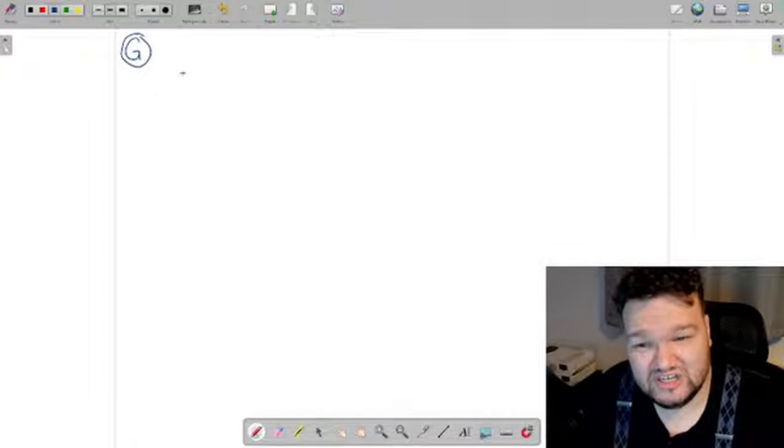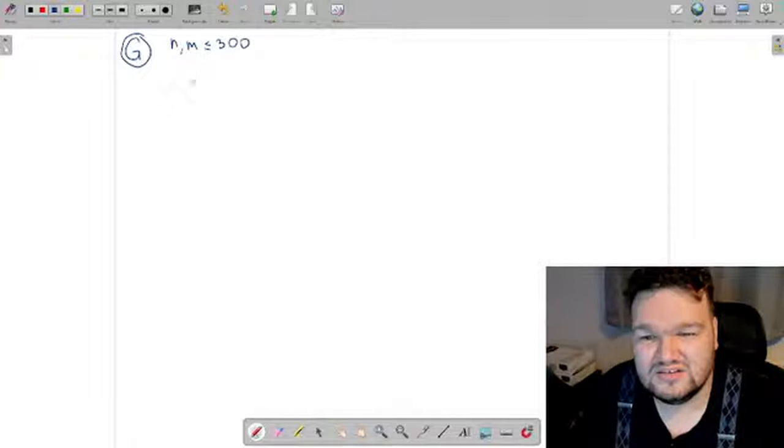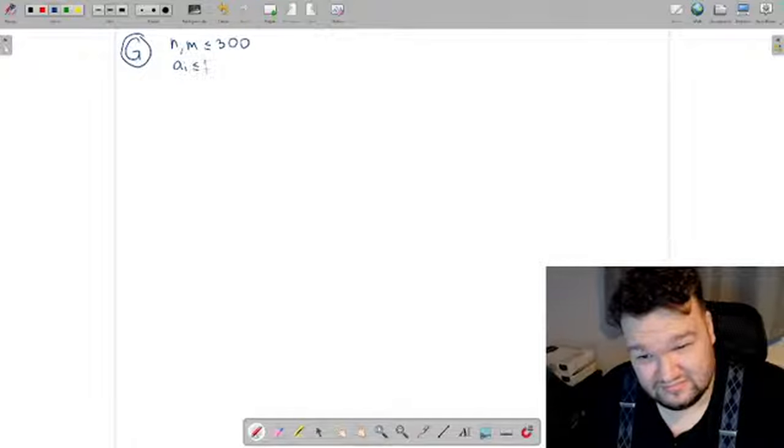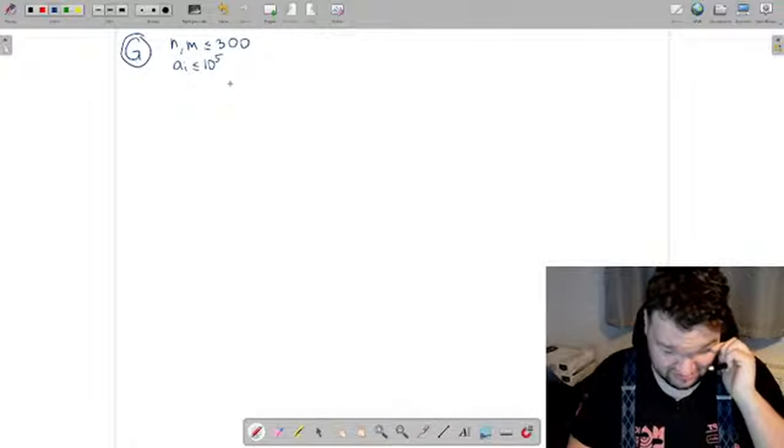So in problem G, we were given a grid n by m, and m up to 300. The values in the grid are integers up to 100,000.